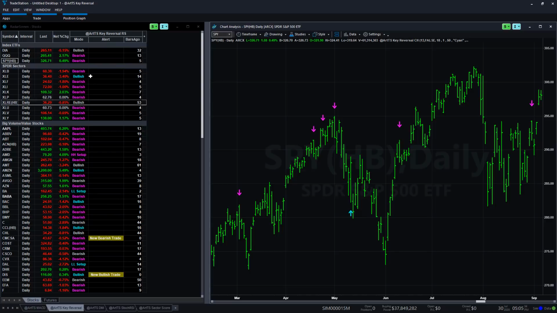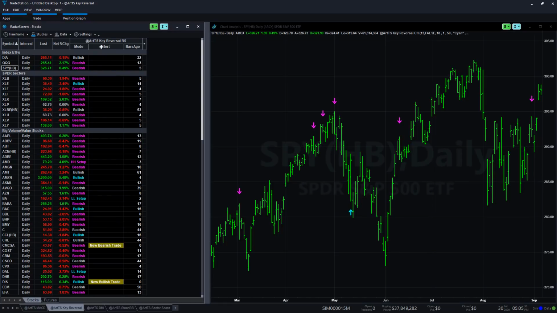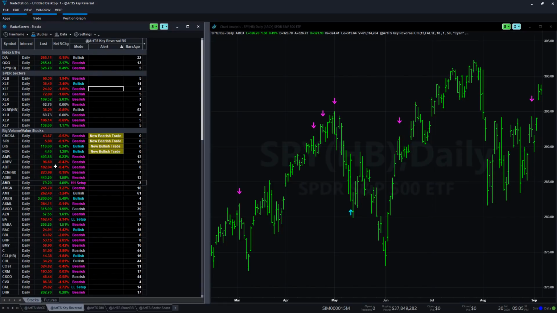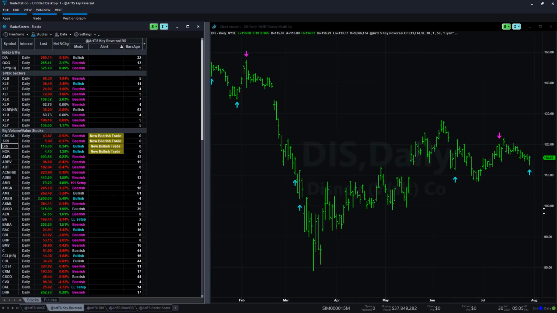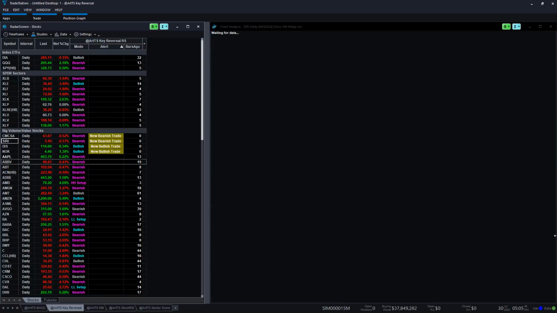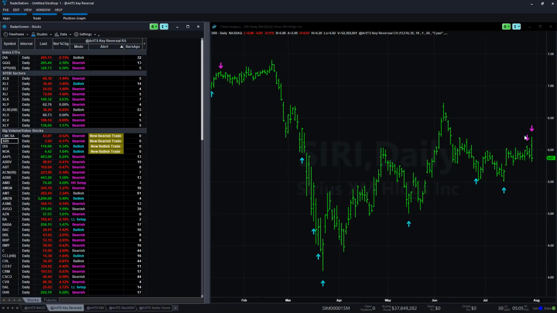So here, if we look in RadarScreen, we can sort, see what alerts we're getting here. So Disney is a key reversal today, kind of a pullback from that high earlier in the month. Let's look at, this is Siri. So we've gotten two key reversals back to back. Sometimes the first one isn't the good signal, sometimes it's the second signal.